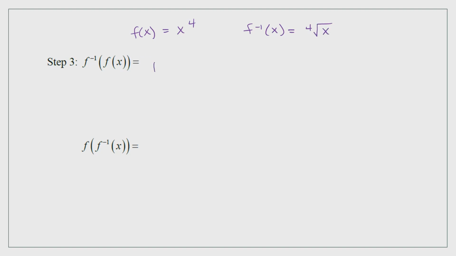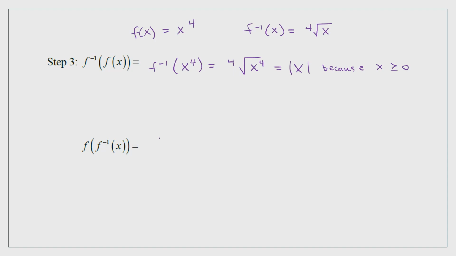So in the first one, inverse function of f of x to the fourth, I'm substituting that into my inverse function. Will get me the value x. Okay, but it has to be the absolute value of x because x has to be greater than or equal to 0.